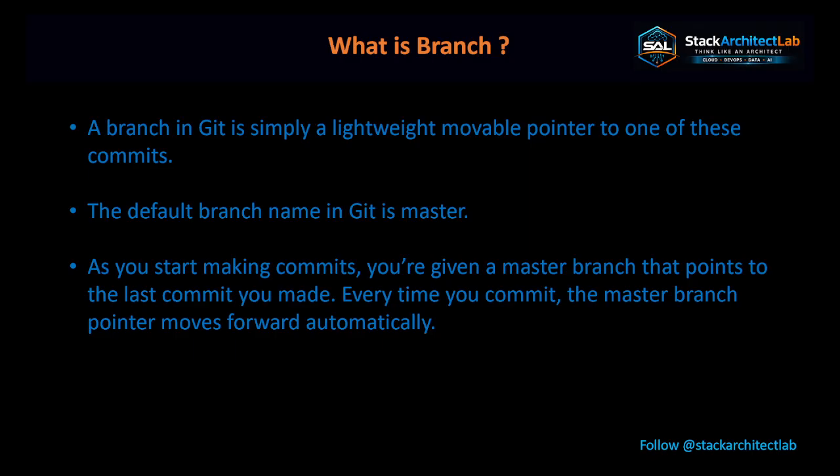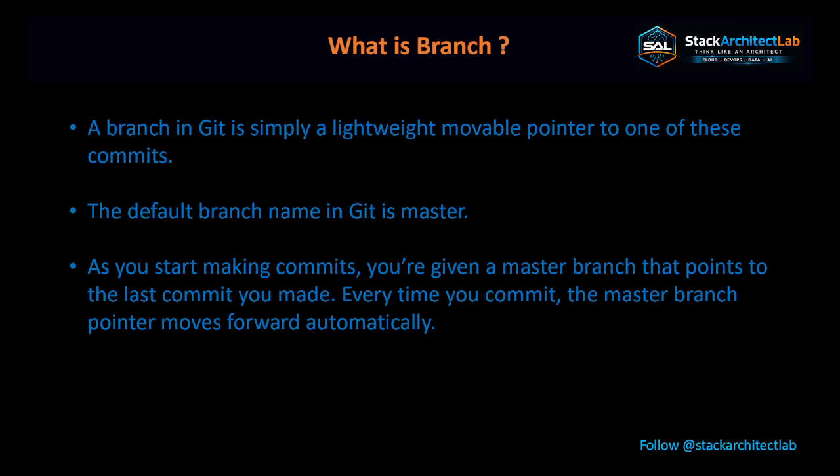The default branch name can be master or main. In our previous demo I showed you that it is main. You can set it from GitHub or Git Bash. Now as you start making commits, you are given a master branch that points to the last commit you made, and every time you commit, the master branch pointer moves forward automatically.